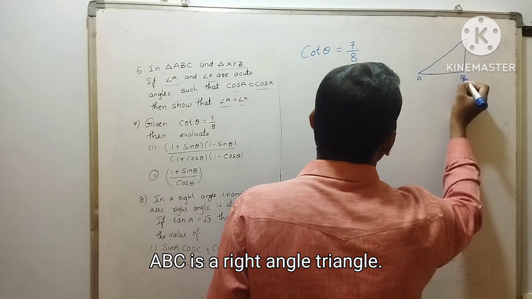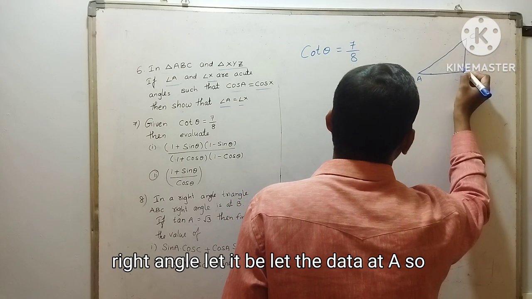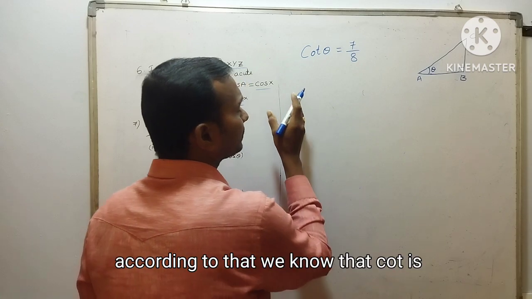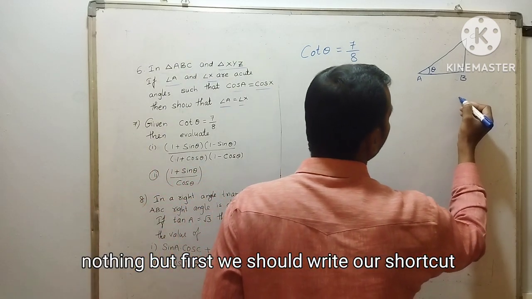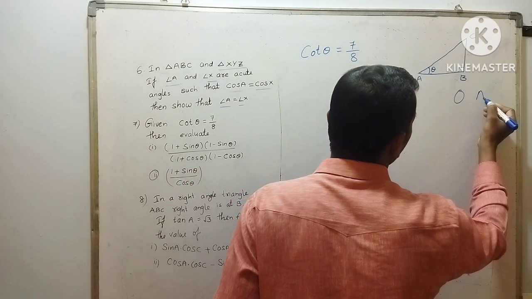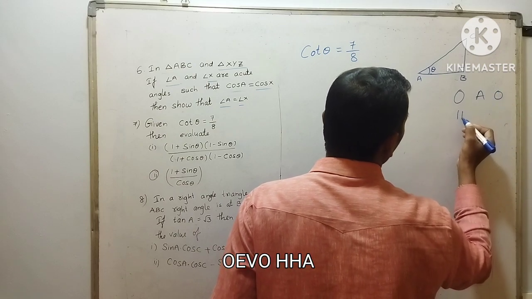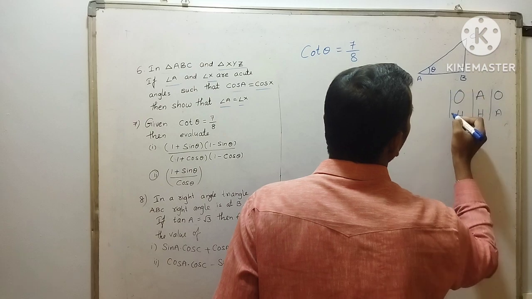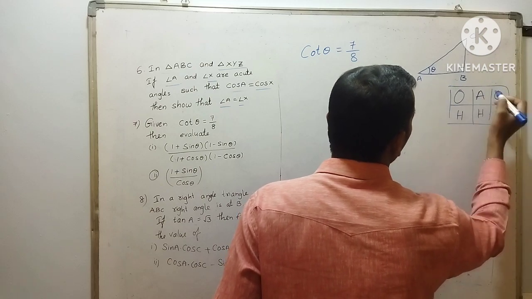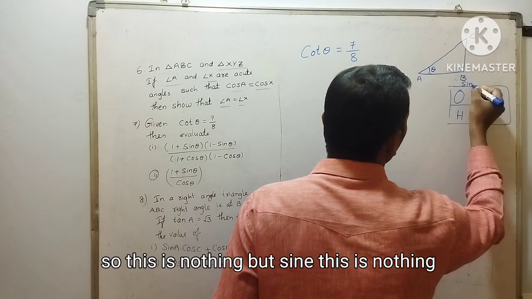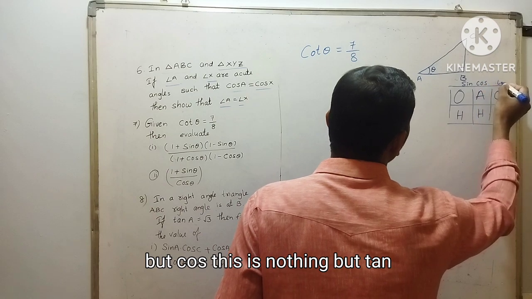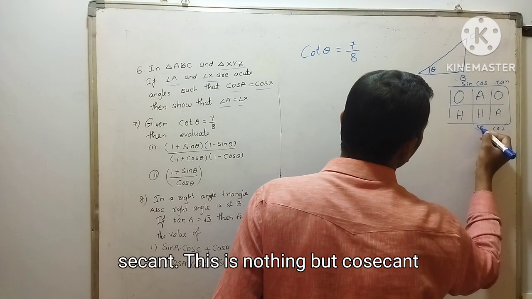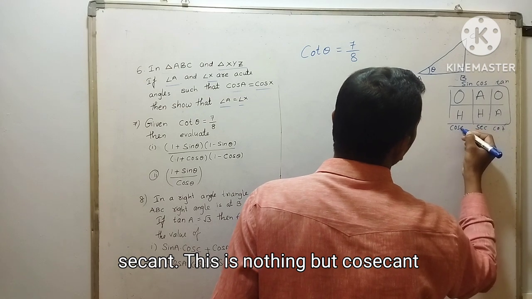ABC is a right angle triangle. Right angle at B. Let the angle theta be at A. So according to that, we know that cot is nothing but, first we should write our shortcut OAO HHA. So this is nothing but sine, this is cos, this is tan, this is cot, this is secant, this is cosecant.